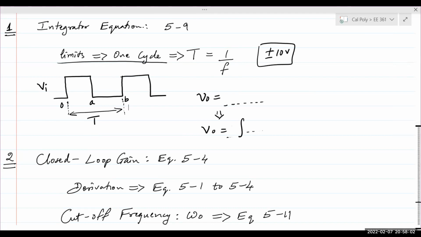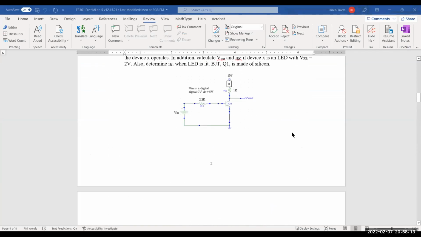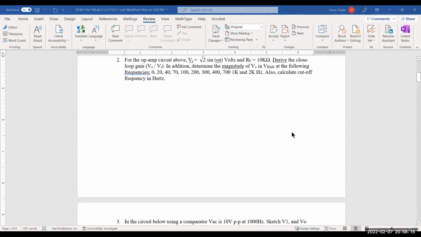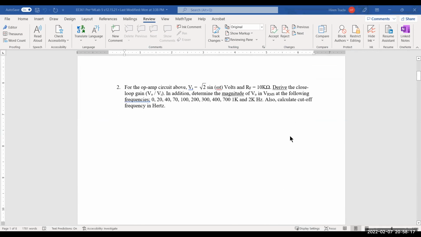Problem number 2, let's look at the question. So PreLab number 5, question 2. Same op-amp circuit, Vi is now given as √2 sine omega t, and RF is now given as 10 kilo ohms.